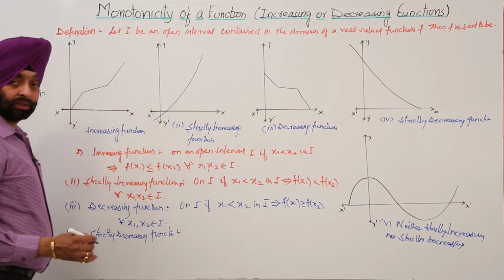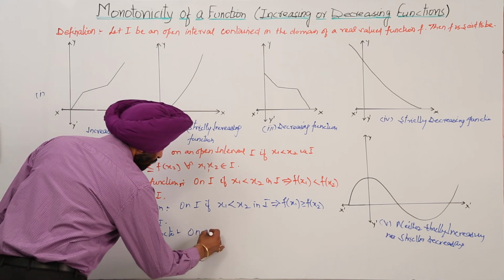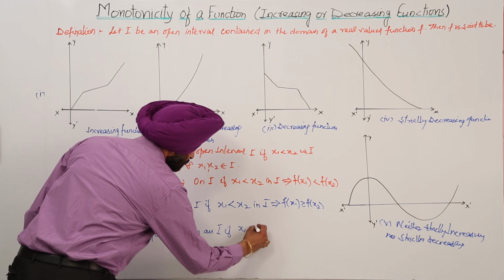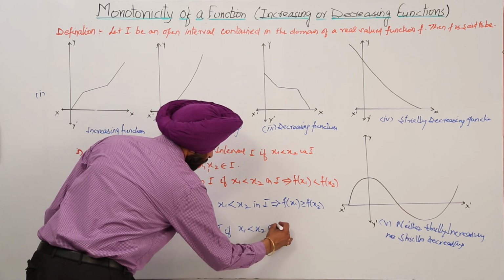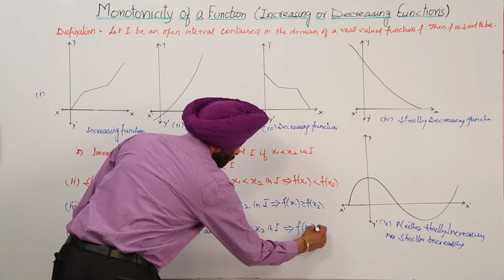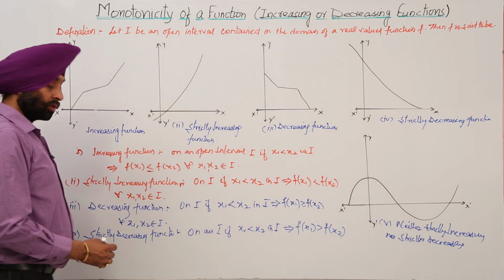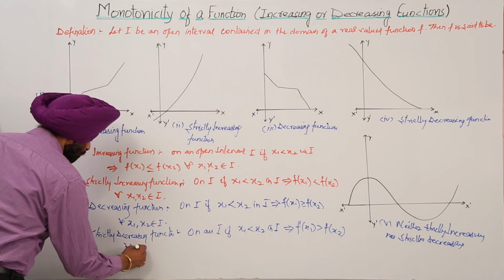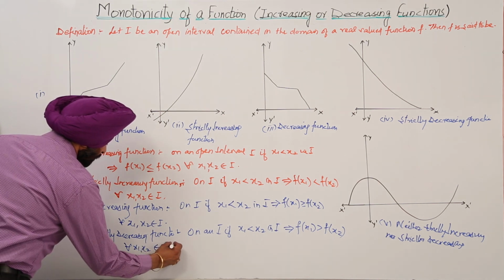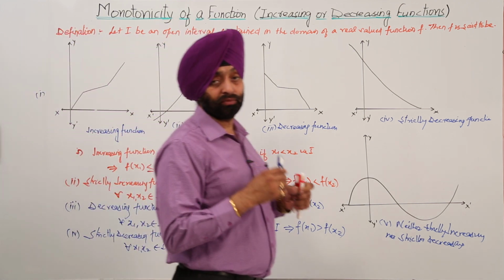Now what it states, on an open interval I, if x1 is less than x2 in I, and this implies f(x1) is greater than f(x2) for all values of x1, x2 which belong to I, this is called strictly decreasing function.